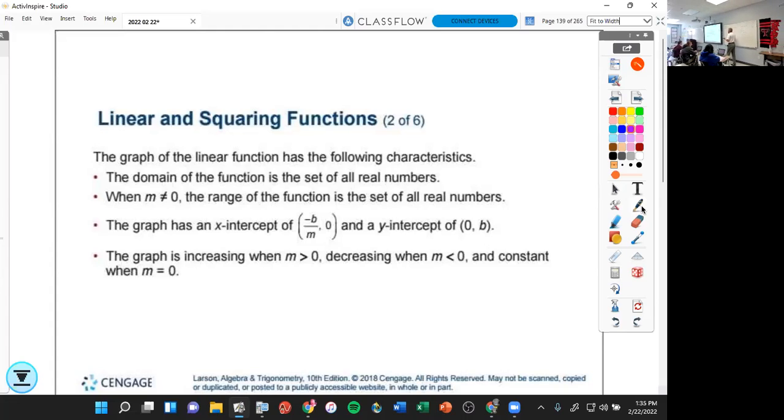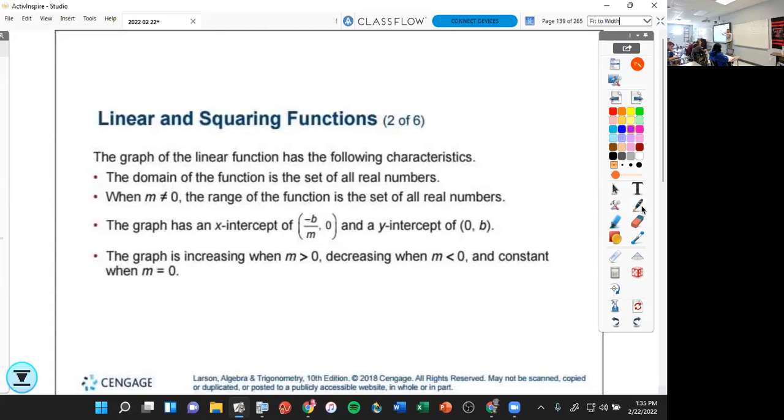Okay, so characteristics of the parent of the linear function. Domain is all real numbers, right? If I'm drawing a line, x can be anything. If it's a function, slope can't be 0. Why not? Well, it's still a straight line. Someone could argue that a horizontal line is a linear function, and it really is, with a slope of 0. But if the slope is 0, this next line doesn't hold true.